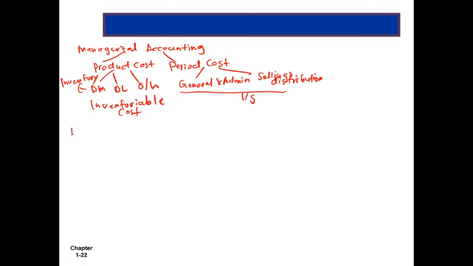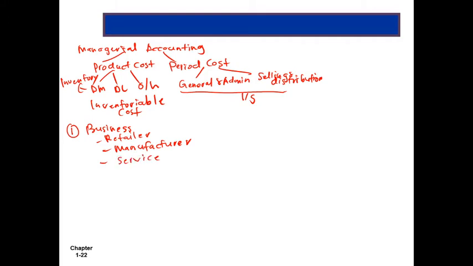Okay, first thing first, when you want to do business, we have to decide whether we want to be a retailer, or a manufacturer, or a service provider.